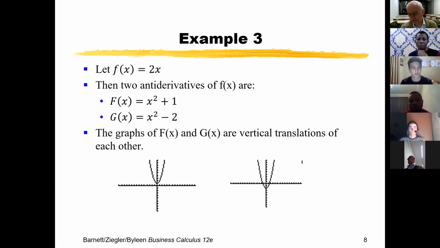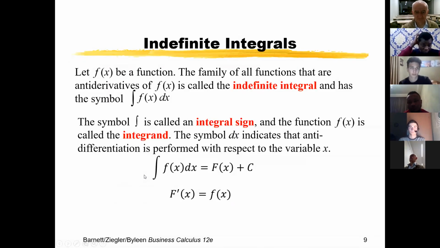We can say vertical shifting. Now you see the definition of the indefinite integral: it's the family of all functions that are antiderivatives of function f(x).